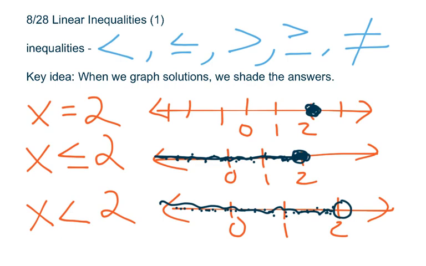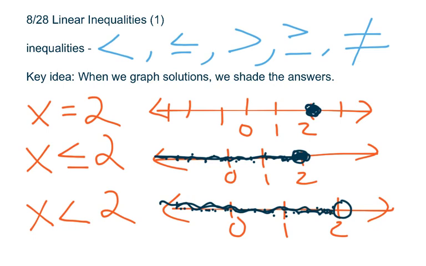So many times I have students that struggle to remember whether or not they're supposed to shade in the circle because somebody gave them a rule and didn't explain the rule. So this should make sense to you. We shade the answers, whether it's a single answer like x equals 2 or whether it's a range of numbers. The idea is that we shade all the answers.